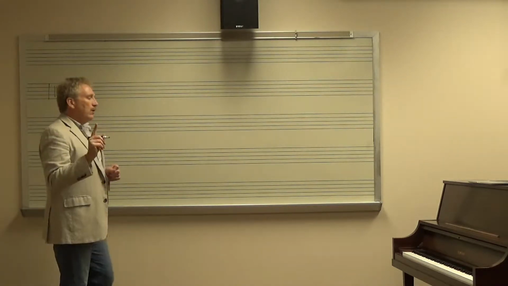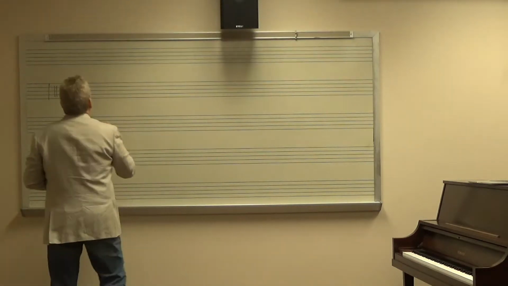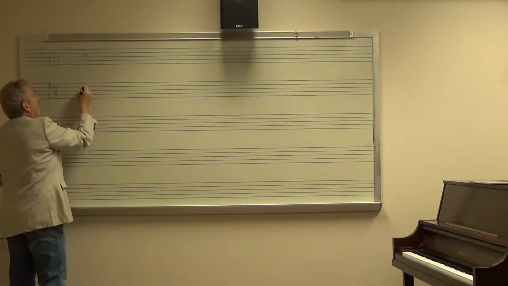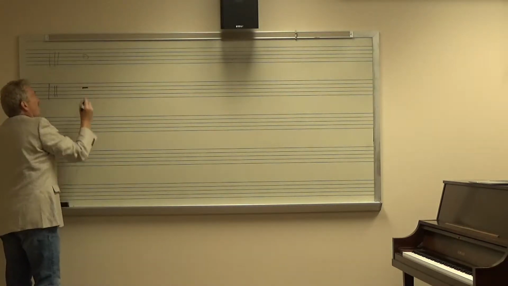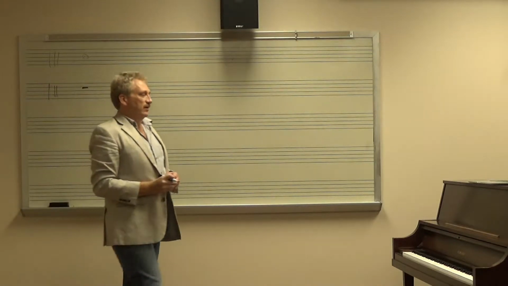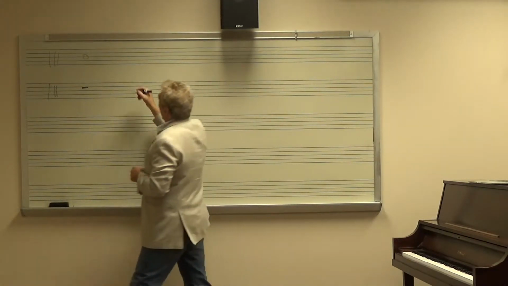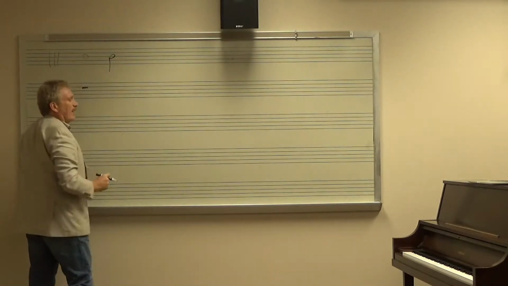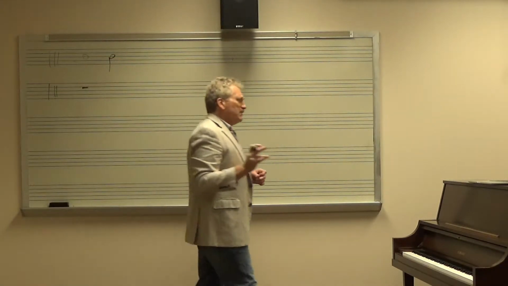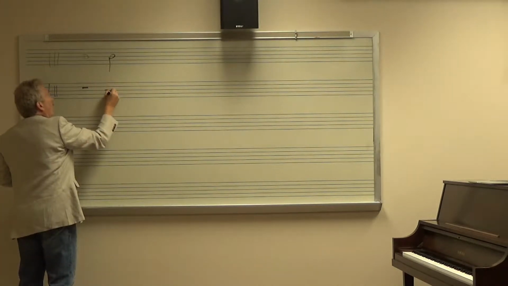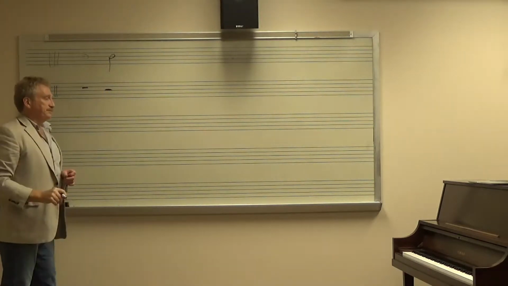A whole note rest, that is a rest that lasts the same length as a whole note, is a hanging line underneath the second line. The hanging bar there below the second line. A half note rest, then, is the opposite direction, a raised little line above the middle staff.